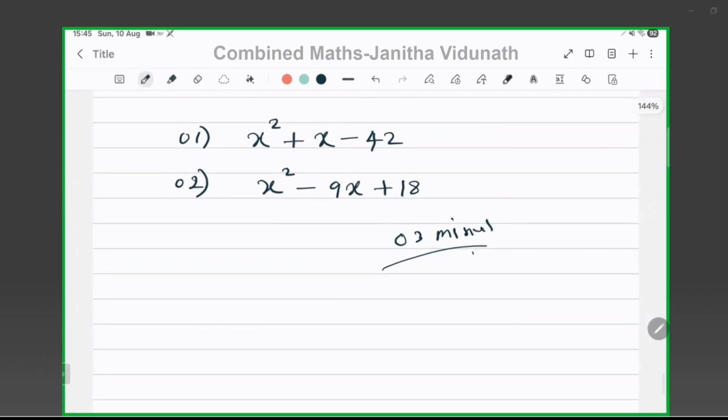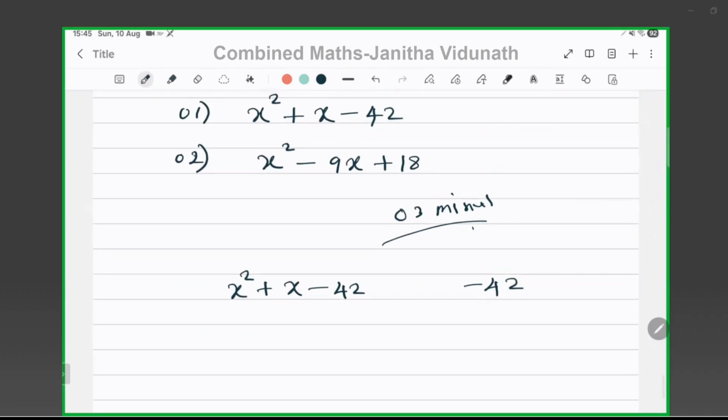Here, our short trick is we need to find factors of minus 42. Here, we need to find 2 numbers that multiply to give minus 42, and by adding those 2, we need to get plus 1. Easily, we can find those 2 as 7 and minus 6.